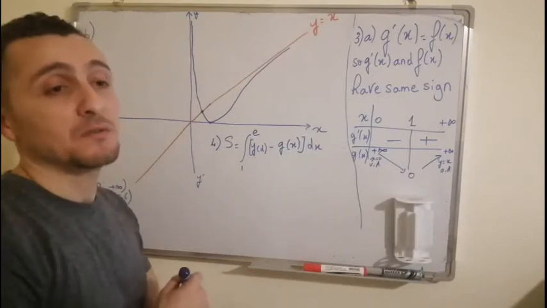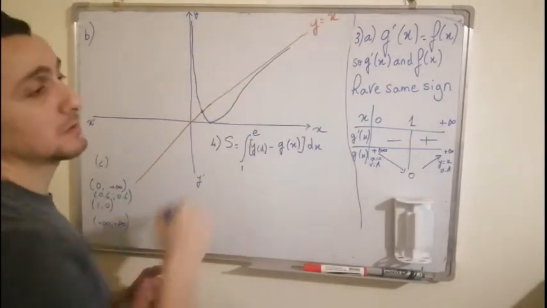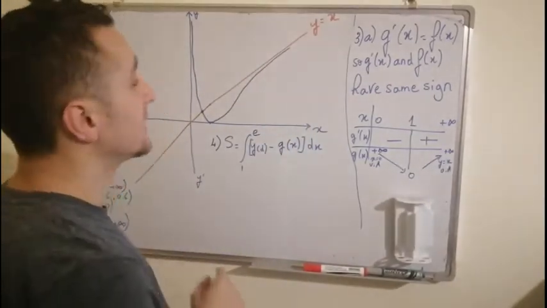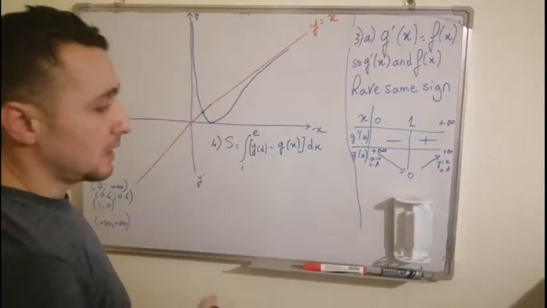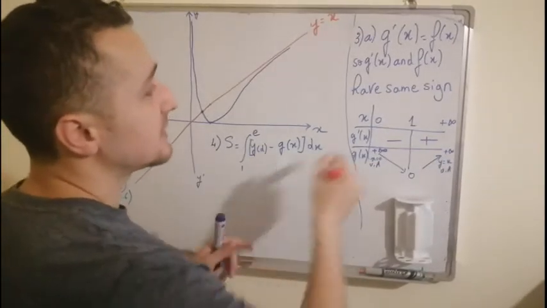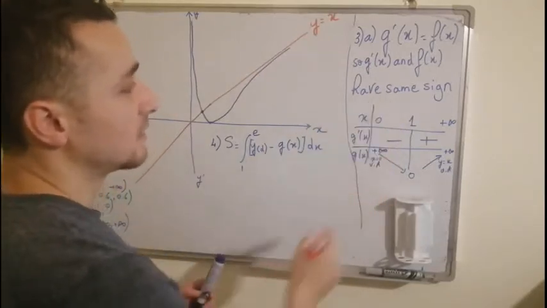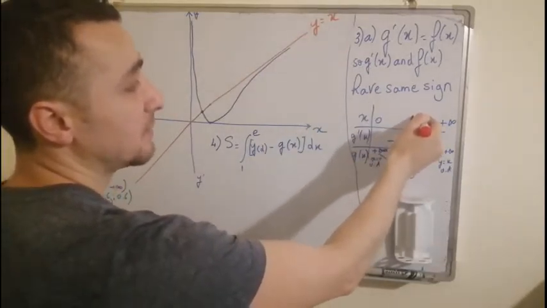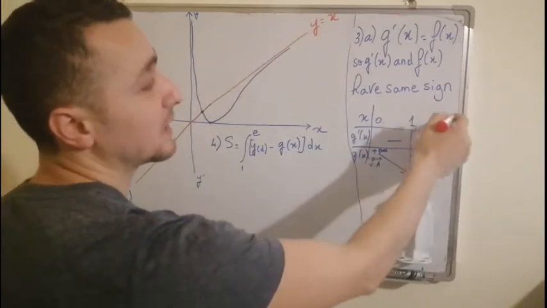The straight line of equation y equals x represents an oblique asymptote, and the vertical asymptote is the axis y prime y. First point is 0 plus infinity. We look vertically. Second point is the minimum, the point of abscissa 1 ordinate 0.